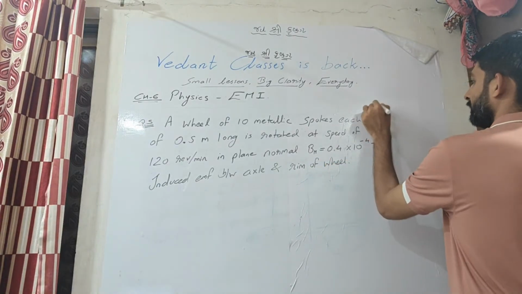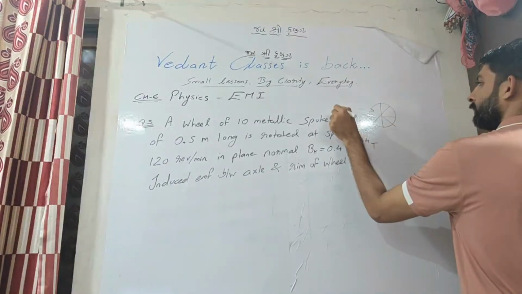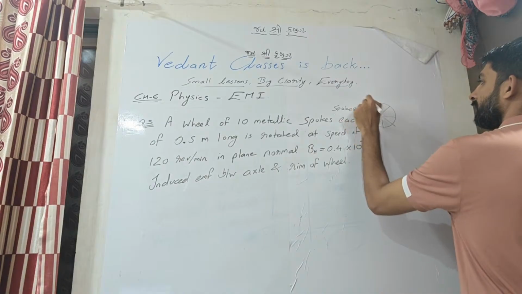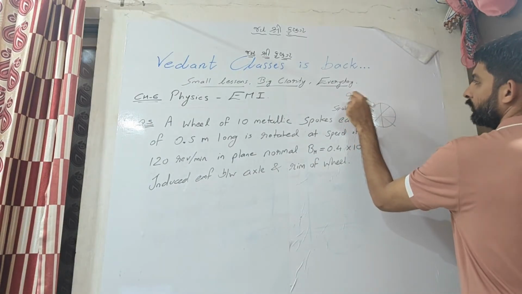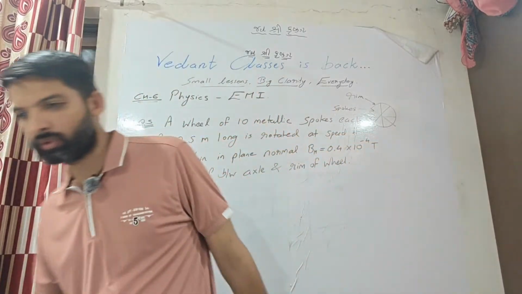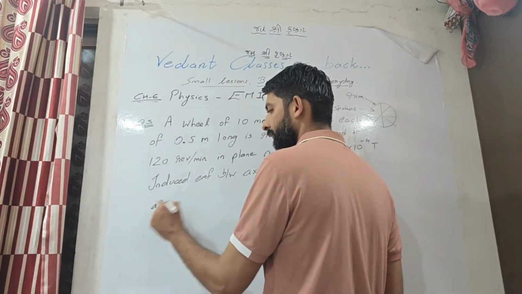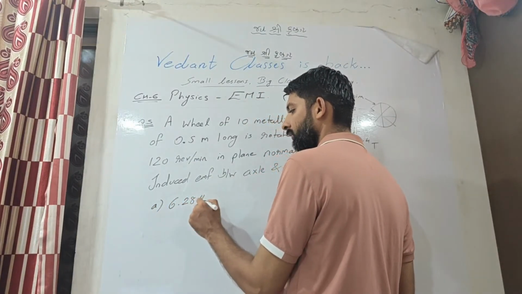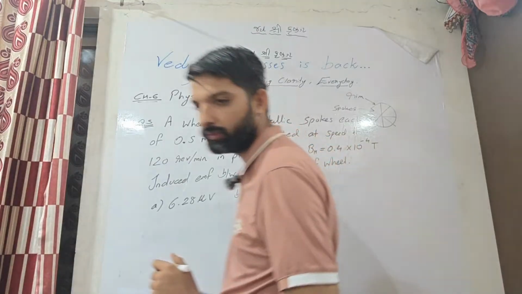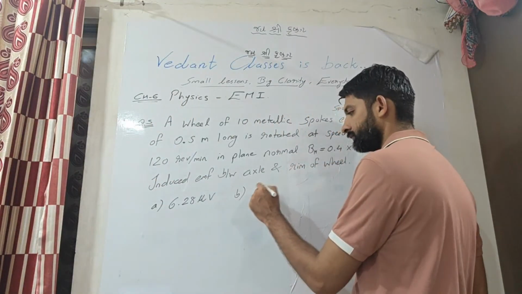See, this is for example a wheel. So these all are called spokes, and this outer circumference is called the rim. So that EMF you have to find out. Option A is 6.28 microvolt. Option B given is 62.8 microvolt.